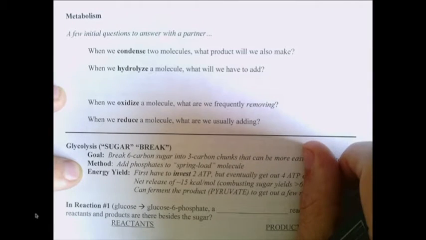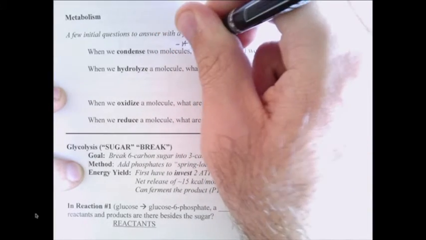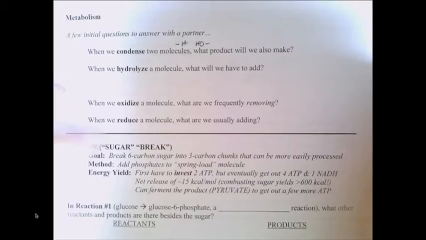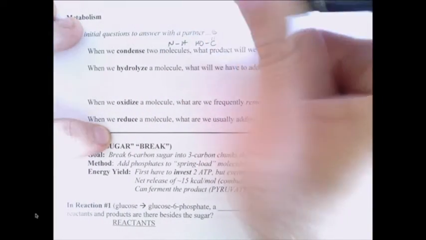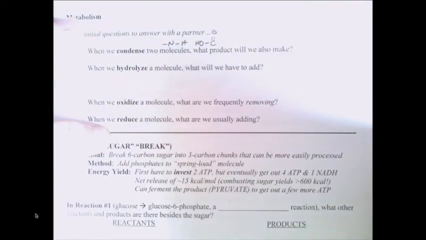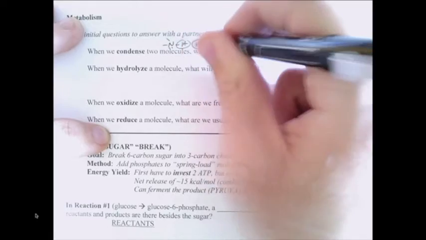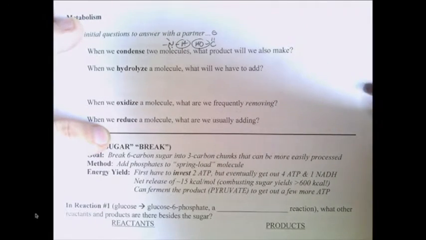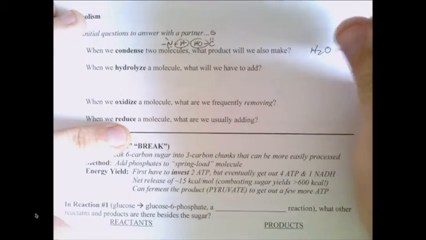Okay? When we condense two molecules, remember what we're usually doing is removing an H from one side and an OH from the other. So for instance, when we're doing a condensation to put together a protein, we wind up removing this H and that OH, and we turn it into an amide. So the other product we generate is H2O liquid.